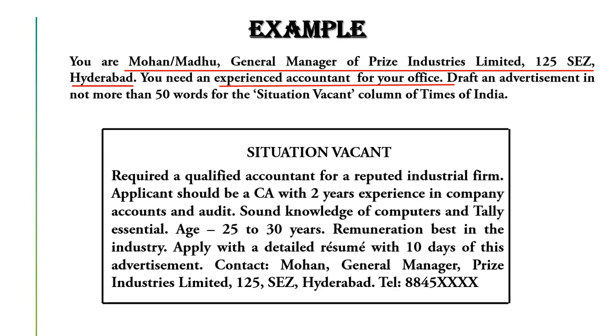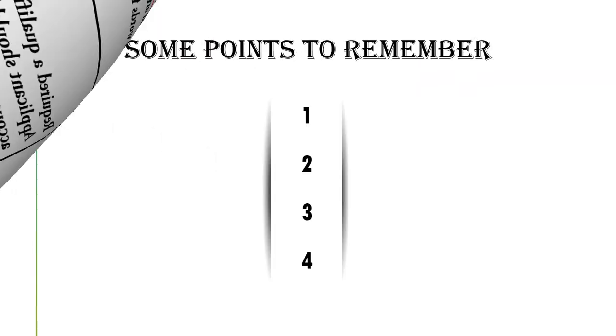In what? Company accounts and audit. That's the job of a chartered accountant. He must also have a sound knowledge of computer and tally. That's a computer program used for accounting. The age is also mentioned there. Remuneration is also written there. And the candidate is instructed to apply with a detailed resume within 10 days of this advertisement. Right, so this is how you write it.